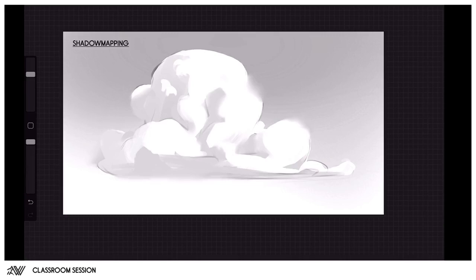And in some places you could get some lost edges where the sky kind of blends in with the cloud. And then it really starts reading like a cloud. And then it just becomes a matter of adding color to this, which will make it even more believable. But getting the values right in the beginning is the most important.